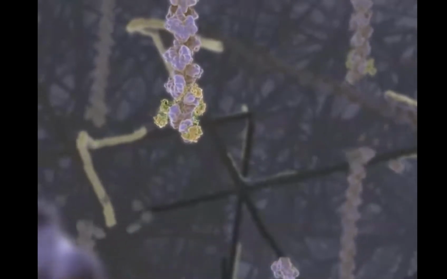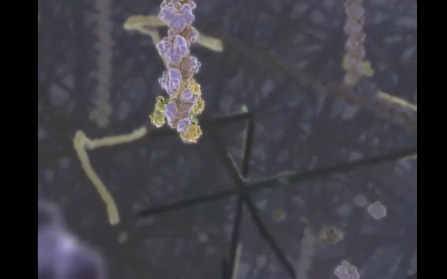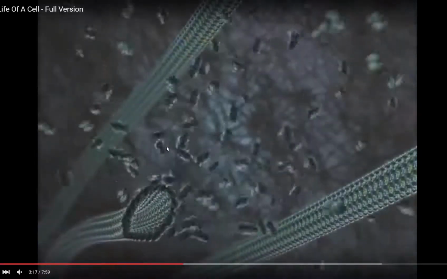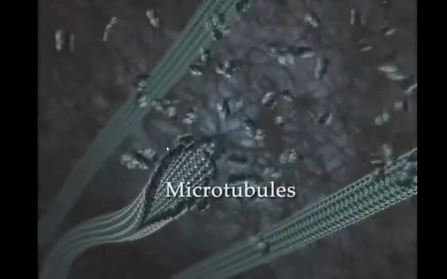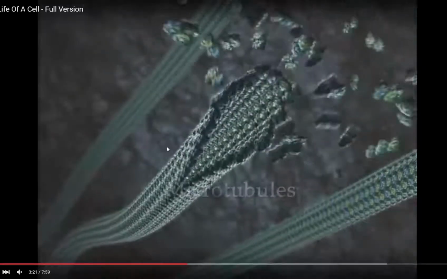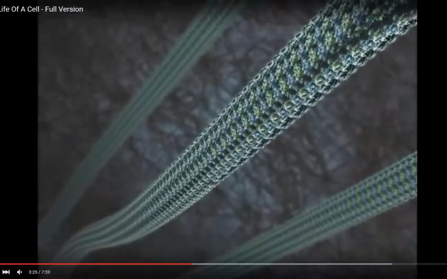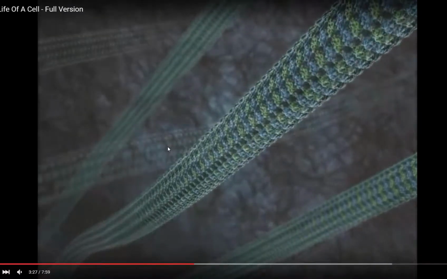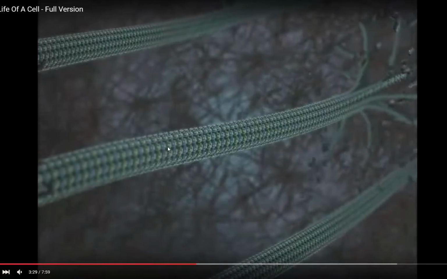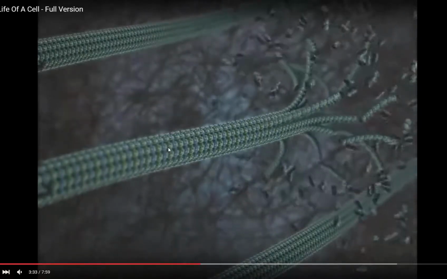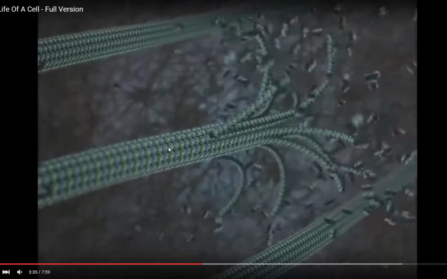And then they unzip. Then we have microtubules forming. That'll be like a centriole. And when they're no longer utilized, proteins pull them apart, lyse them.